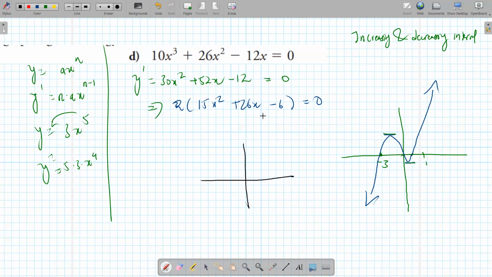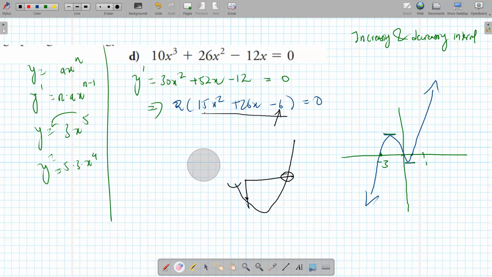How do I know it has x-intercepts? Is this opening up or down? Look at this guy. Up. It's opening up. What's the y-intercept? -6. The y-intercept is down here, and it's opening up. So that means, you see, it has to cross the x-axis. So it definitely has x-intercepts.